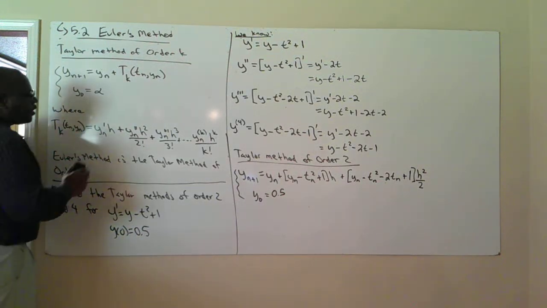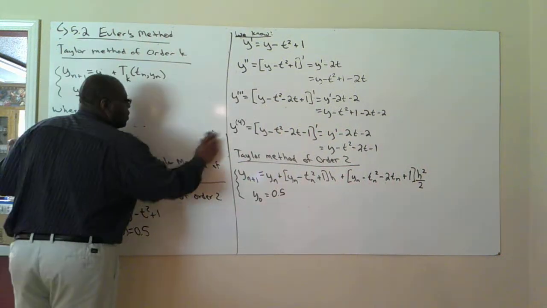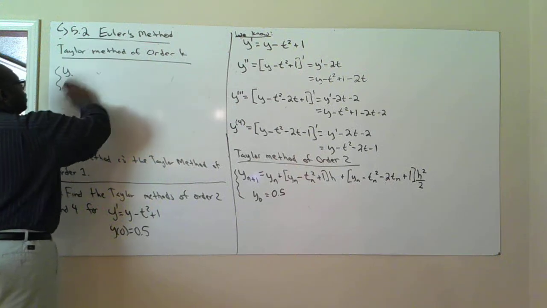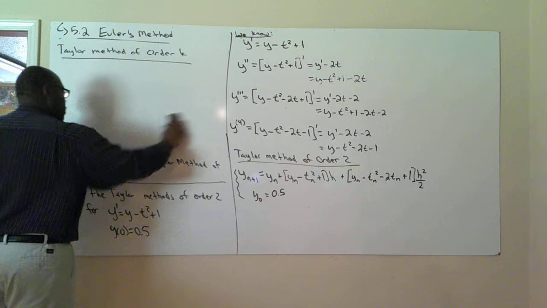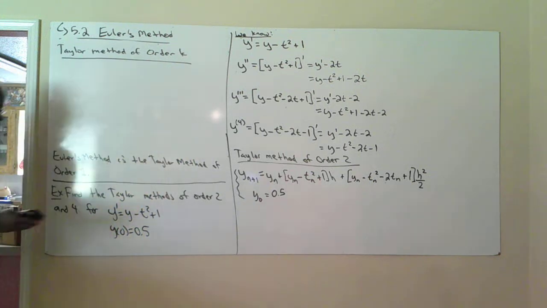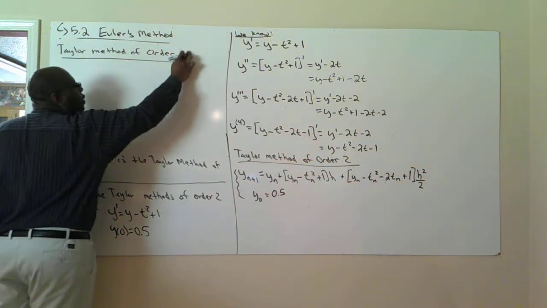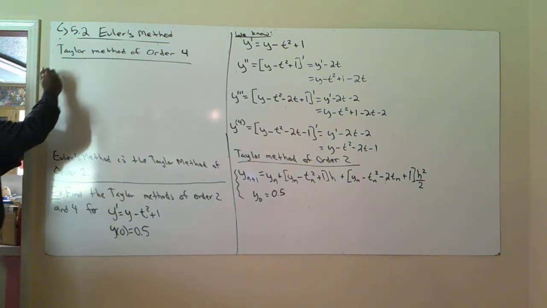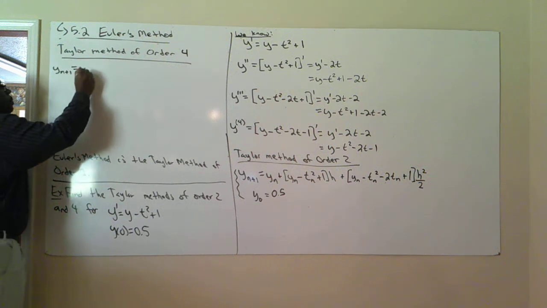With Taylor method of order 4, I need to go up to the fourth derivative. I think this is enough space for me to put it. I'm going to have to do multiple lines. Okay, so Taylor method of order 4. So we have y sub n plus 1 equals y sub n plus.